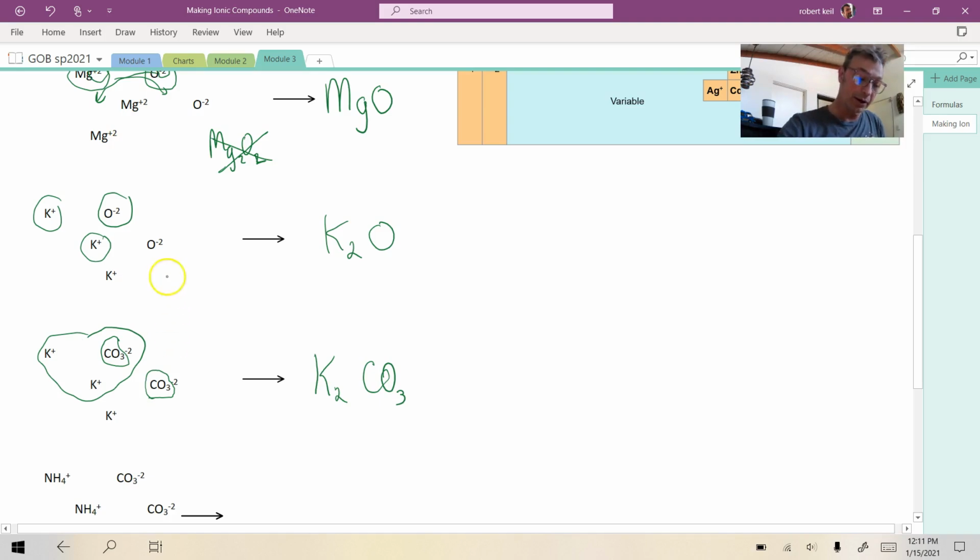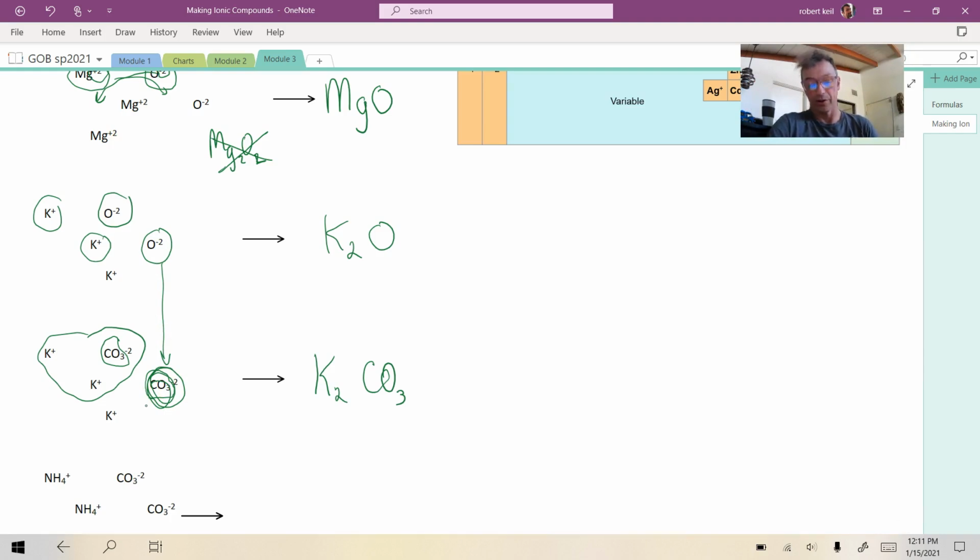And so when you think about it, the O2 minus and the CO3 2 minus are really exactly the same thing. It's just that we replaced one atom with CO3. So for now, you don't have to know why those charges are the way they are. I'm just saying if I gave you those charges, hopefully you'd be able to figure it out.